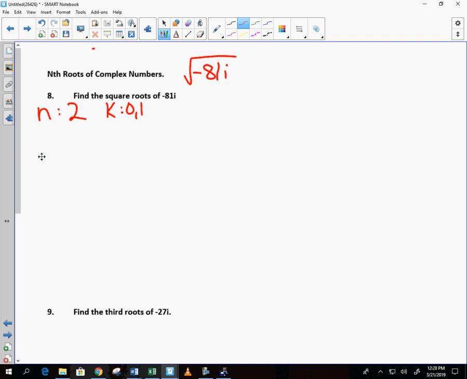But I can't work with this guy right away. I need to place it into our good old friend, Mr. Trigonometric form, which we did for de Moivre's theorem in our checkpoint. So if I have 0 minus 81i, how do I compute the r value? Square root of 0 plus negative 81 squared.